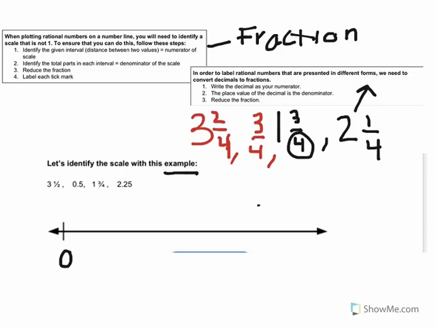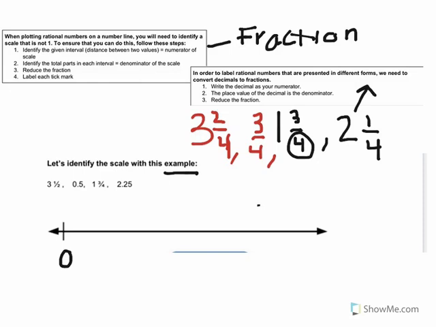So now that I already identified that the denominator is going to be the total parts between each number, when I look at number 2 in our key point, it says identify the total parts in each interval, and that is the denominator of the scale.